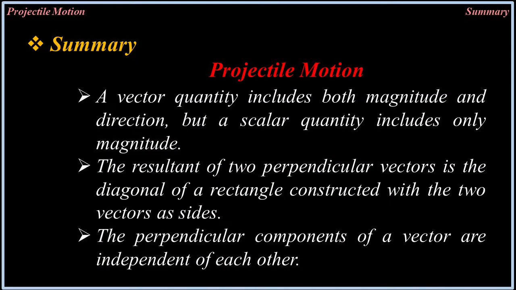Summary: projectile motion. A vector quantity includes both magnitude and direction, but a scalar quantity includes only magnitude. The resultant of two perpendicular vectors is the diagonal of the rectangle constructed with the two vectors as sides. The perpendicular components of a vector are independent of each other.